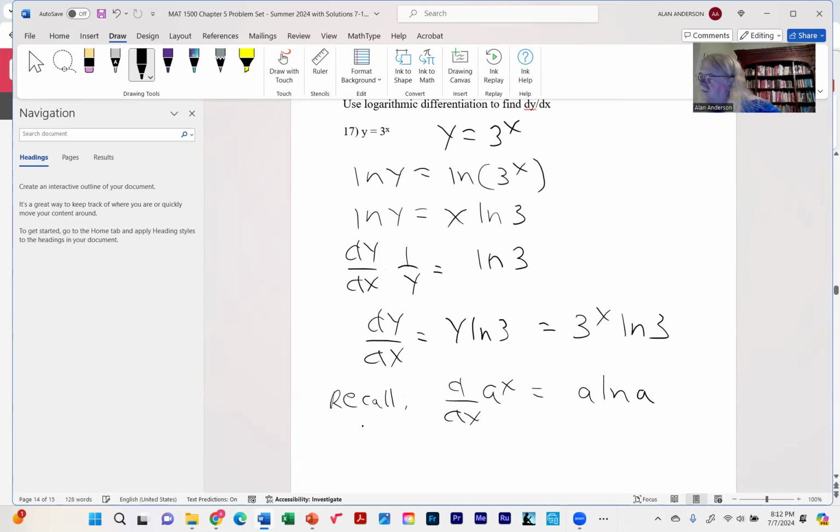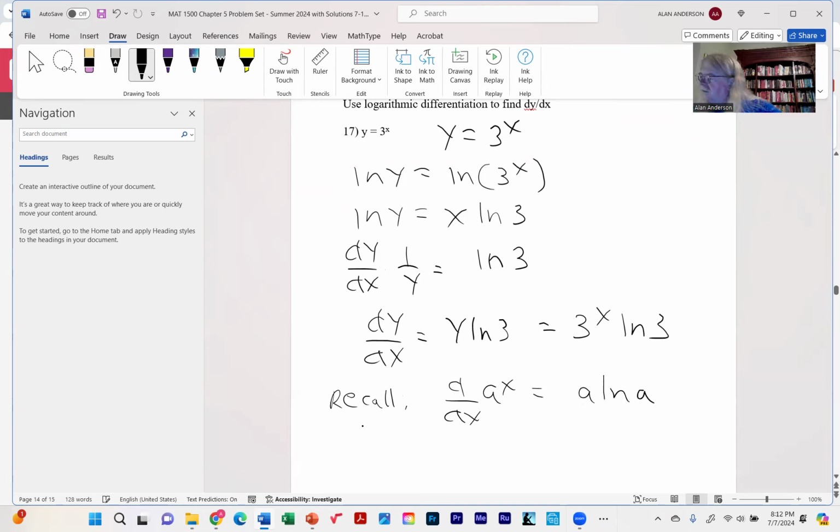Remember, just a couple of minutes ago, we did the integral of a to the x dx equals 1 over log a times a to the x plus c, of course. So that means this one is going to give us 1 over log 5 times 5 to the x plus c.